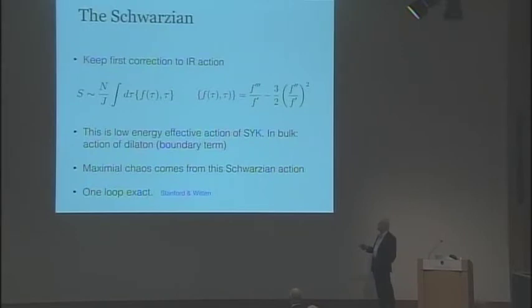It can be quantized exactly. Stanford and Witten showed that the path integral over this action is one loop exact. There are no corrections beyond one loop. And it is what is responsible for saturating this chaos bound. There's an absolutely fascinating story here.